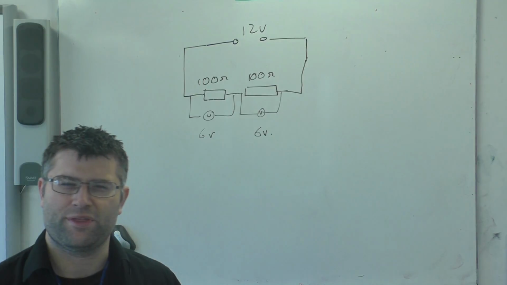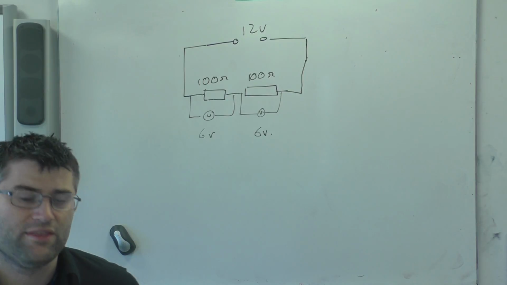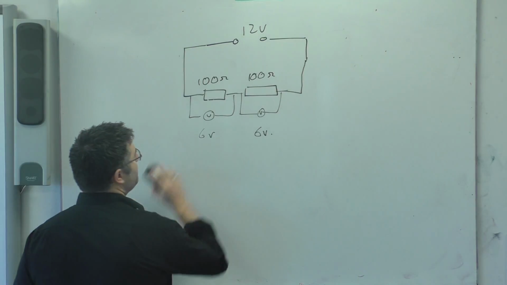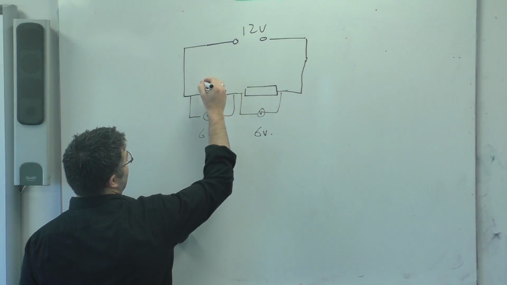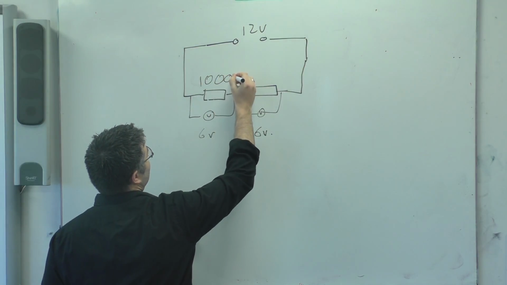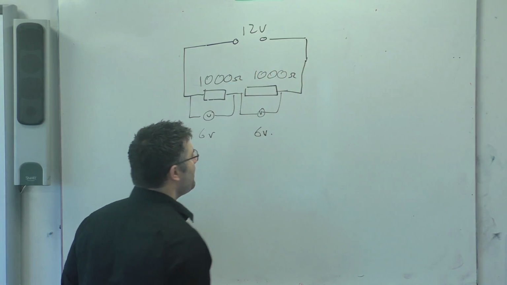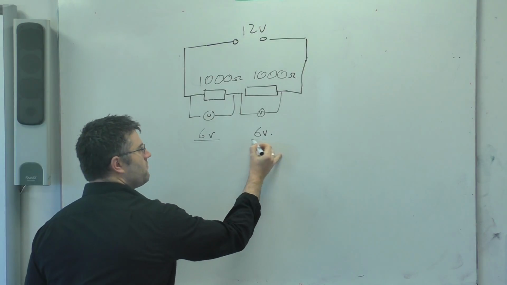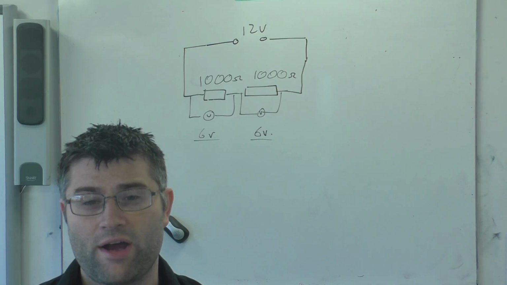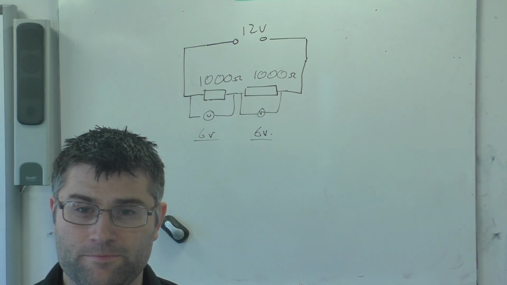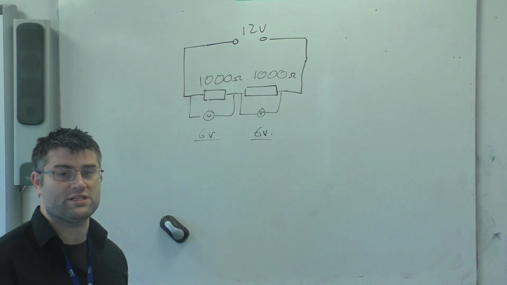Now, a lot of people think, well, it's kind of weird that if I was to change the resistances of these, the situation wouldn't change at all. So if I still have two identical resistors, but they're, let's say, 1,000 ohms a piece, then we'd still observe 6 volts there and 6 volts there because the resistances are identical. However, what happens when we change one of these resistances?